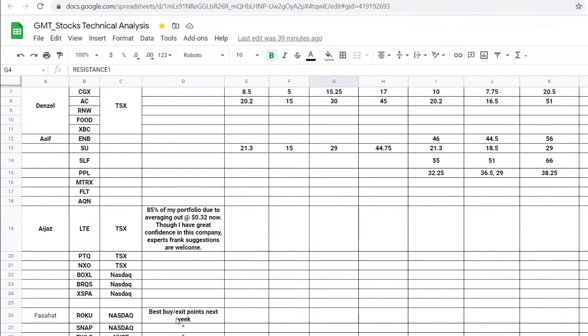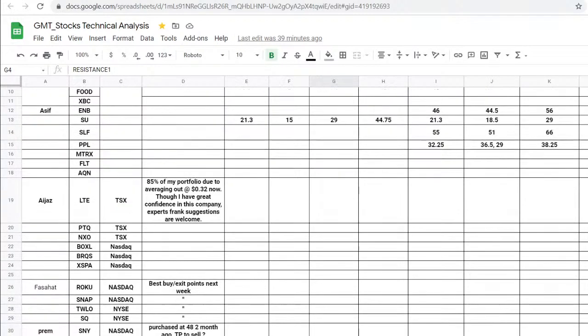After Sahad, I just want to see below. What is it? This buy and exit next week. Can you scroll down after Roku, Snap, Tilo, and what else we have?